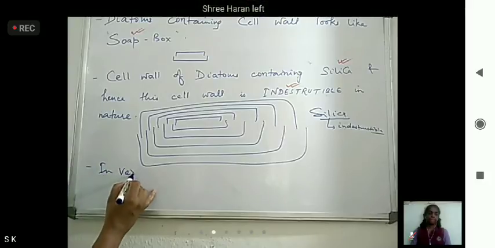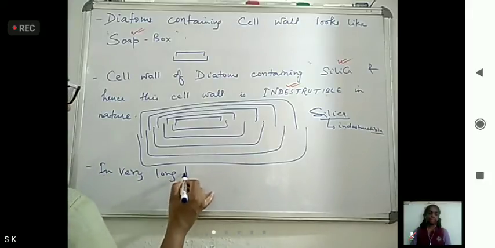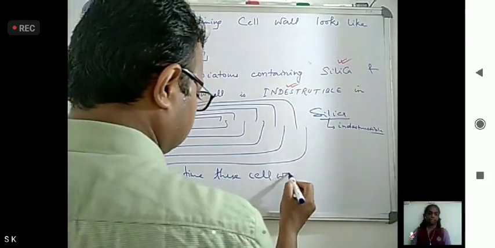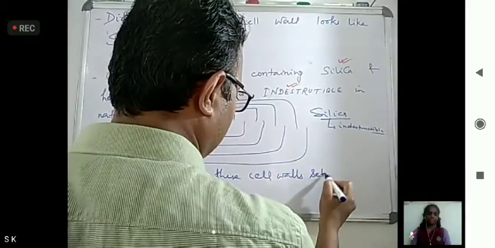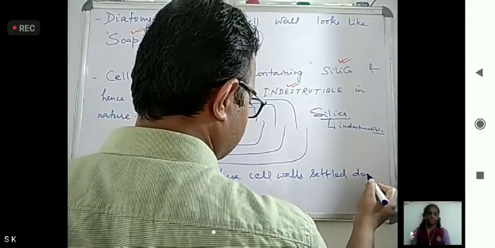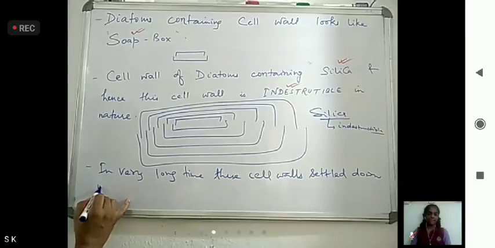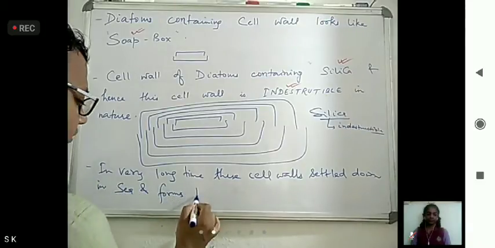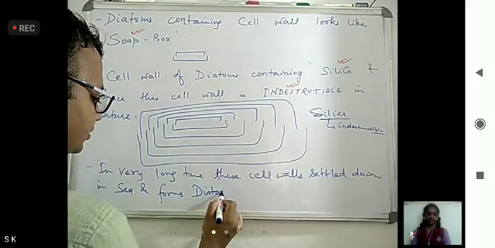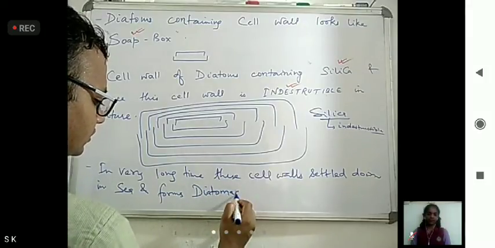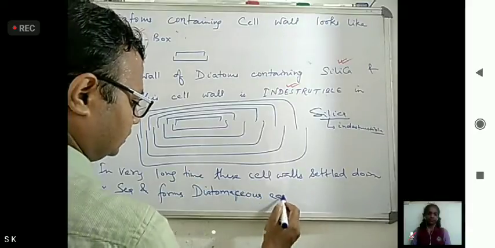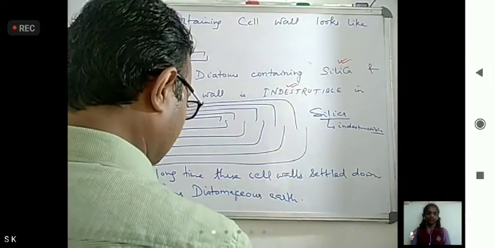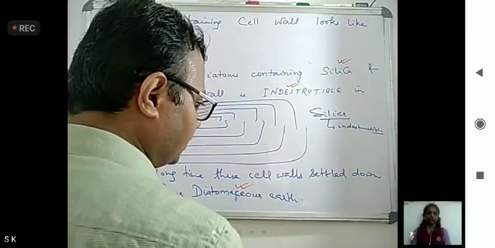In very long time, these cell walls settle down in sea and form diatomaceous earth. Okay, so where is diatomaceous earth found?